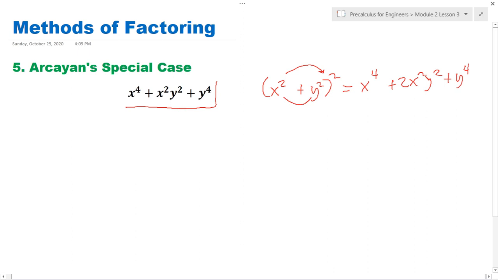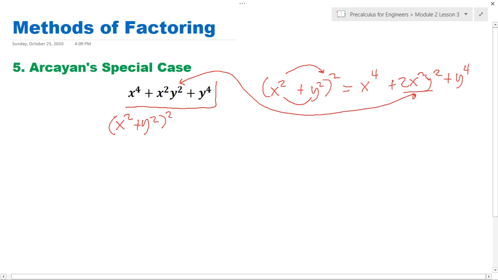So class, paano ba natin ito i-factor out? So I have this idea. What if we make this thing as a perfect square? So okay, I'll just make this as x squared plus y squared raised to squared. However, based on my result, nagiging 2x squared y squared siya, wherein the given is only x squared times y squared.